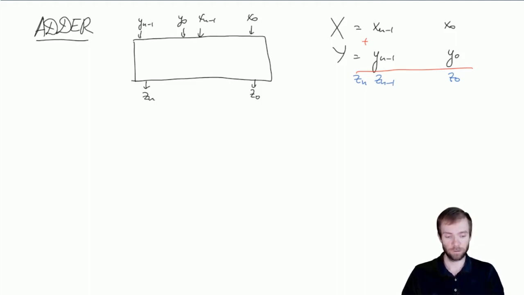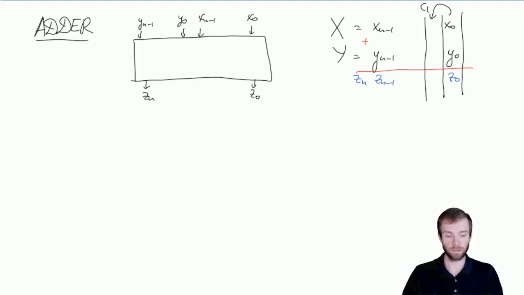So what we do is that we add the LSB, the least significant bits, and we compute the result z0, and possibly we have some carry bit c1 which goes into the next position.